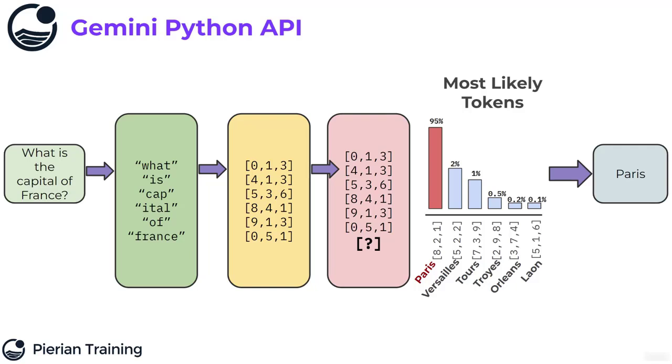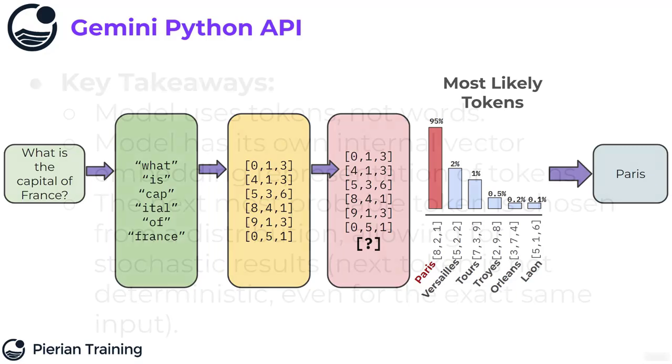Later on, we'll see that there's configuration parameters we can set to actually change and play around with this distribution, because maybe you want to pick less likely tokens to get a more creative output, or maybe you always want to pick the next most likely token. Key idea here is that you're creating a distribution that you sample from. And then you can work backwards to the vector embeddings, to the tokens, to the words, to get back text generation that we as humans can understand.